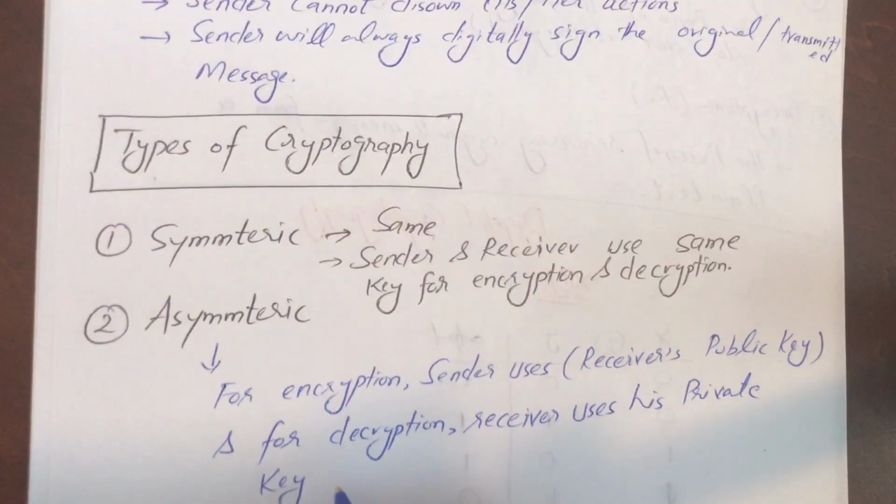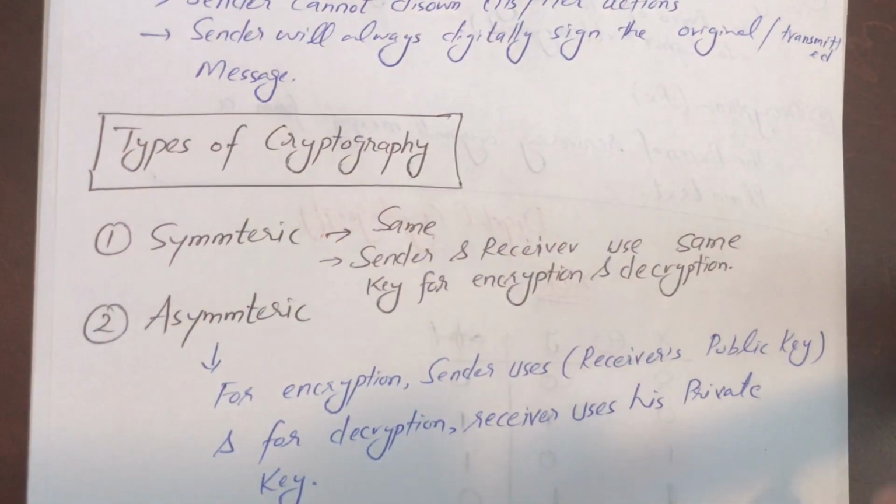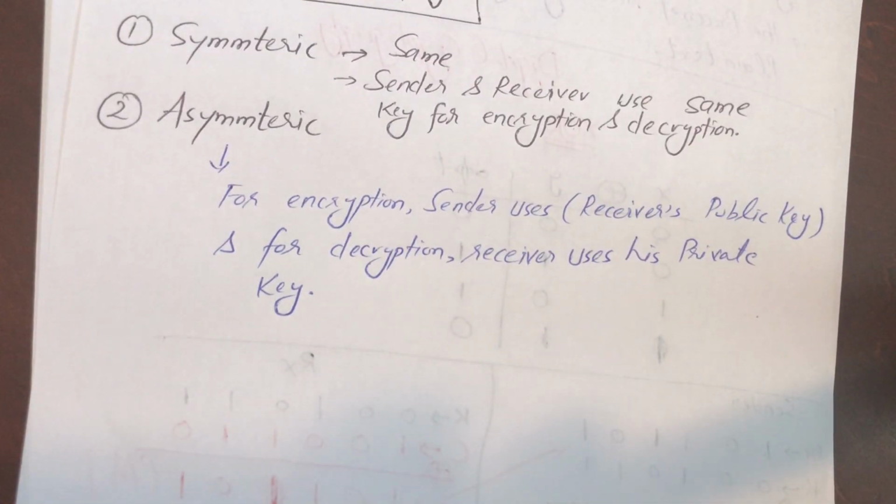So for encryption, if we use a different key, and for decryption, if we use a different key, that is also known as asymmetric encryption.